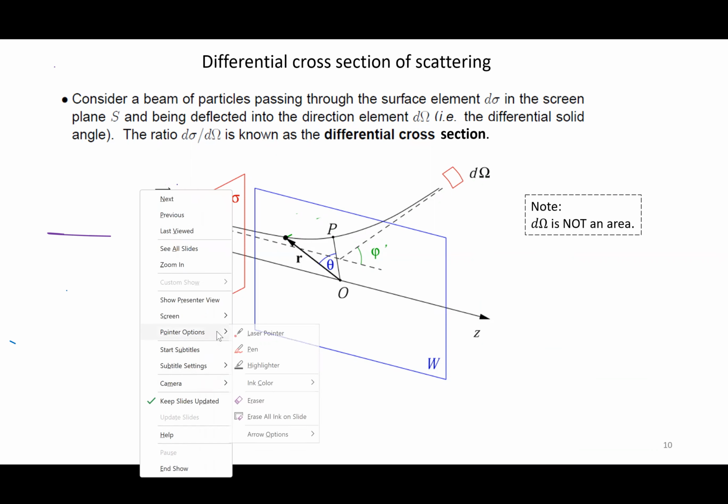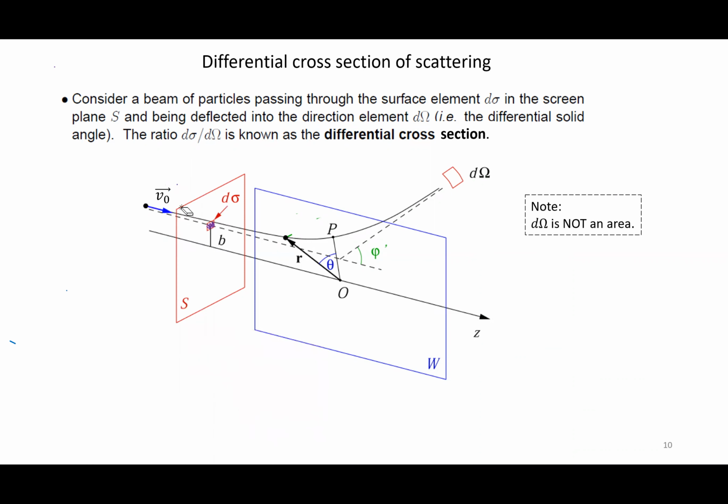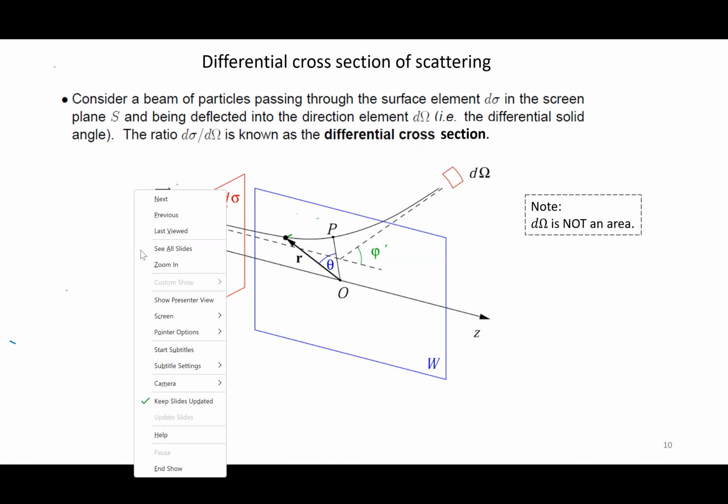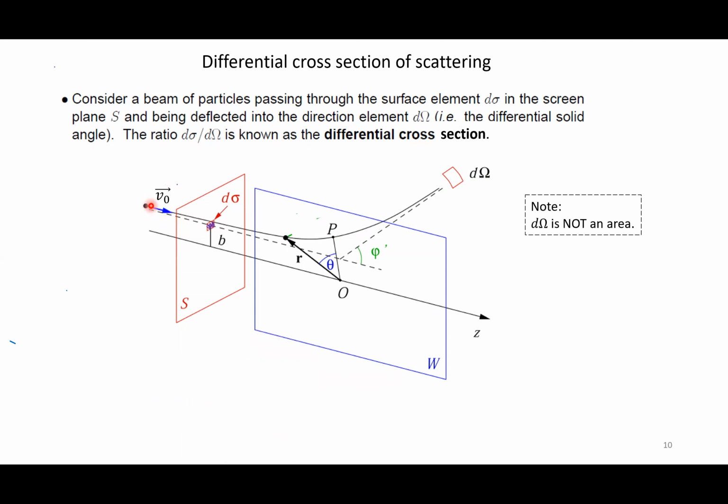This red plane over here is a virtual plane that I call S, and d sigma is a small element of this plane. As the particle passes through this small region d sigma, it follows a trajectory like this and reaches this region here.